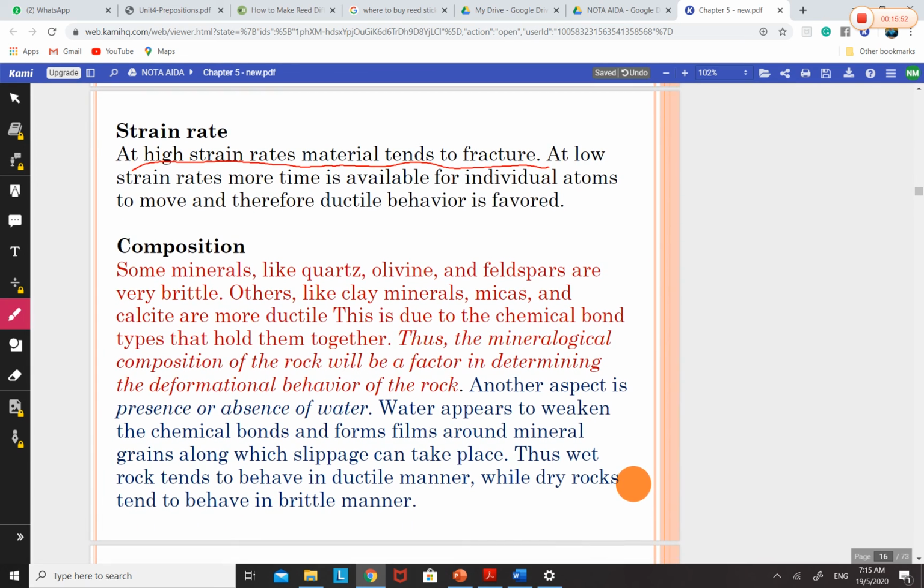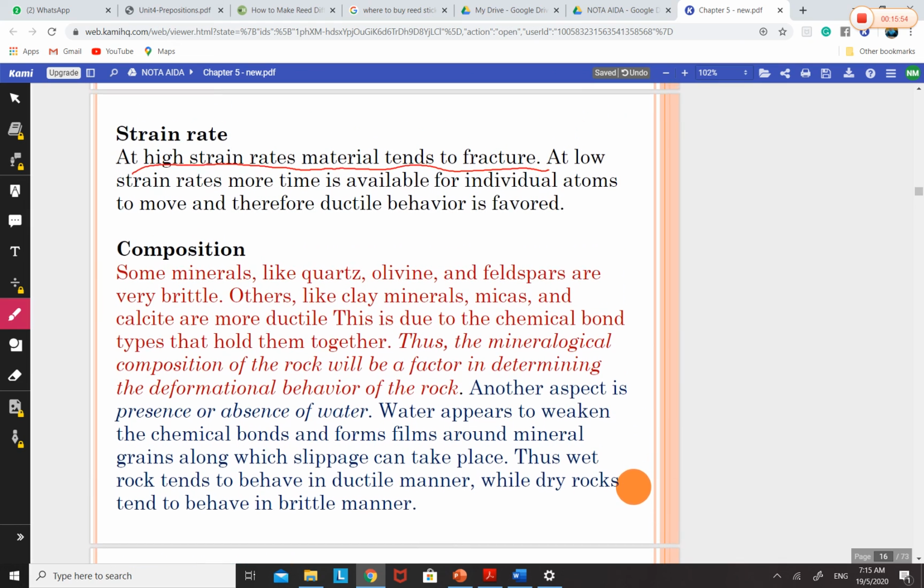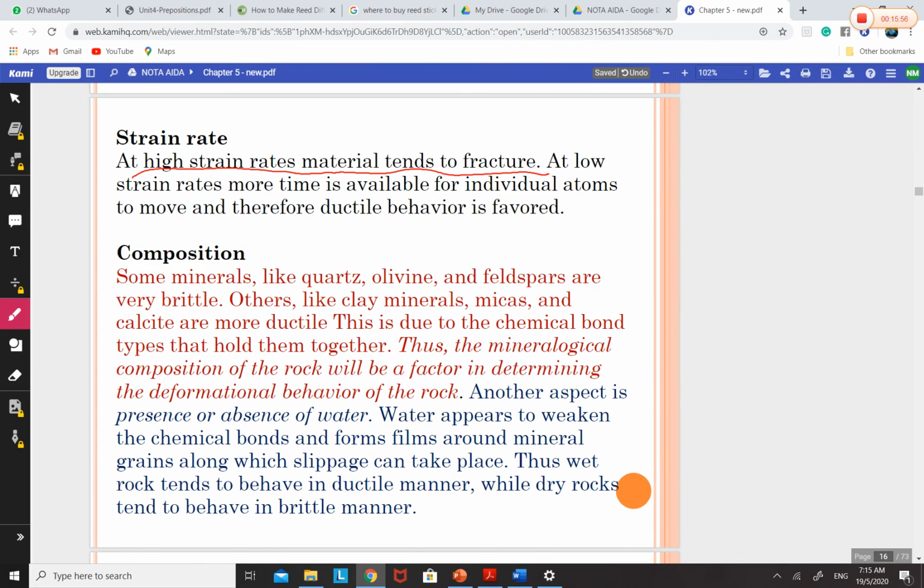Alright. And also composition. Some minerals ada yang brittle, like quartz and olivine, and fracture. Brittle ni maknanya you apply small amount of pressure, dia dah pecah. Compare dengan yang ductile, dia akan ambil masa yang lama untuk that rock or material to fracture. Brittle ni sangat rapuh. You apply just some amount of stress, then dia akan terus fracture.